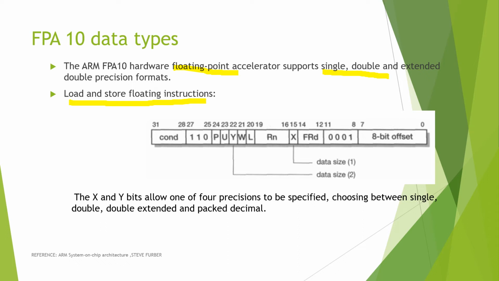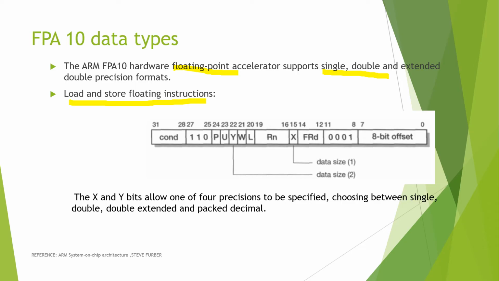Now coming to RN. What is RN? RN is the base register. Then you have L. L means load or store. Here they are load and store floating point instructions, so we load or store. If L is equal to 1, that means to load a byte or word to a register from memory.